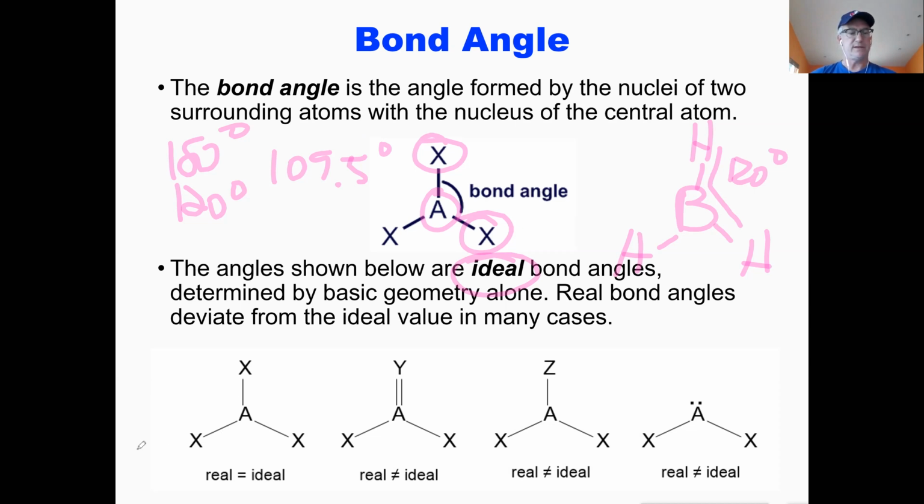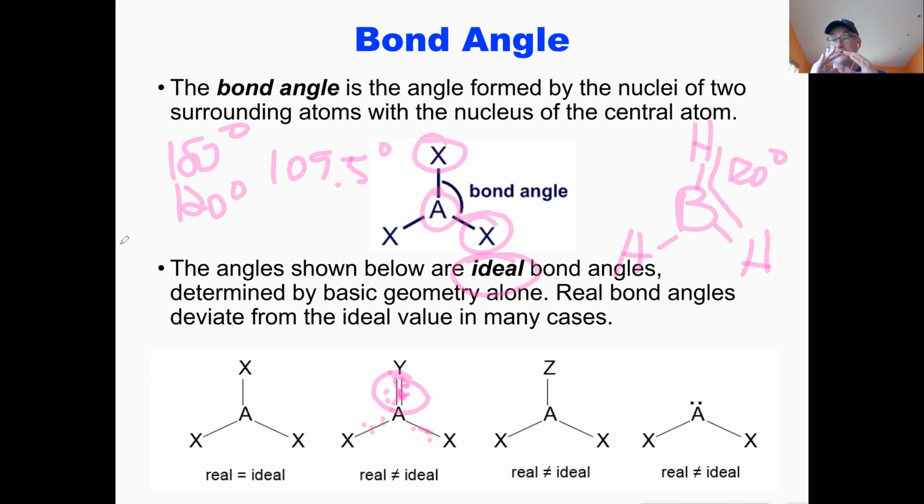Because for instance, we look here on the bottom, if there's a double bond between the central atom and one of the other atoms, remember what I said, that's twice as much electron density as a single bond. So there's going to be more electrons there than here or here.